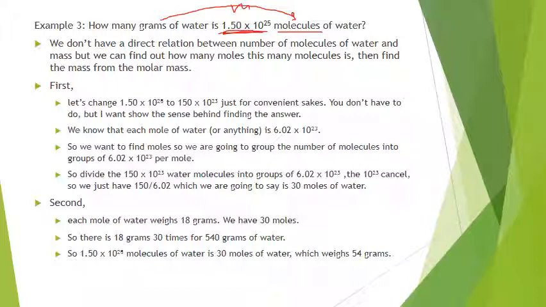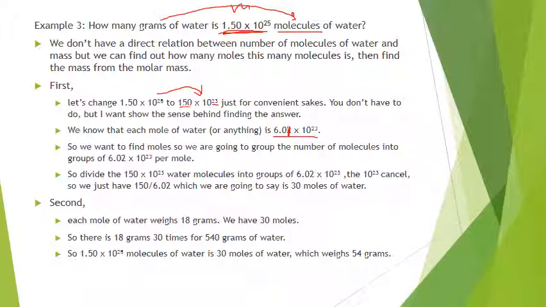So again, like the previous problem, I'm going to make the math easy for me without having a calculator. I'm changing this number to the same exponent, and you don't have to do this. You just plug it in your calculator and you'll get the same answer, but I'm doing it to make sense. So I have 150 times 10 to the 23rd. I know each mole is 6.02 times 10 to the 23rd. I'm just going to leave the 0.02 off here.